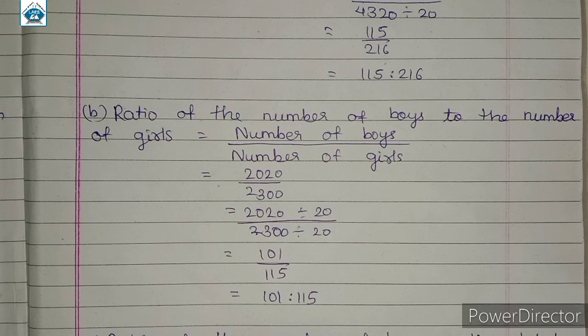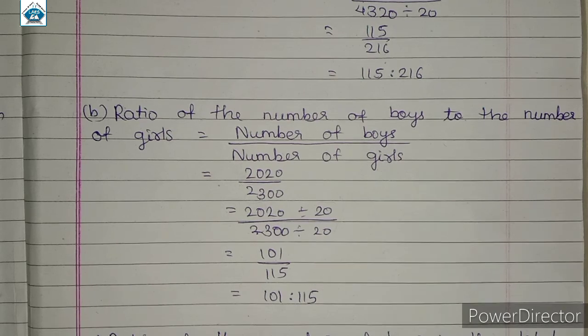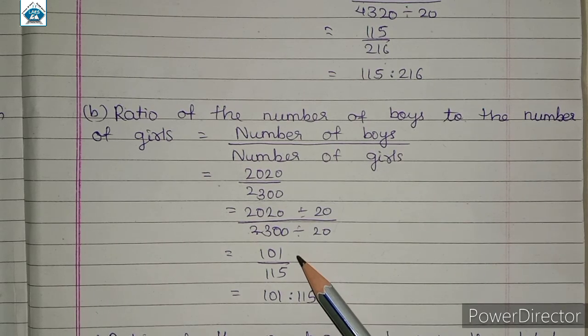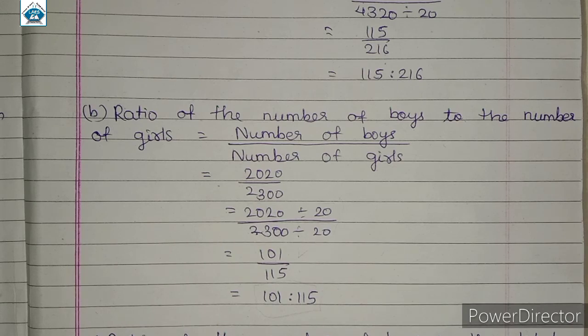So 2,020 upon 2,300 is the required ratio. In order to find the simplest form, we will divide them with the highest common factor, which is 20. So we get the simplest form. So the required ratio is 101 is to 115.